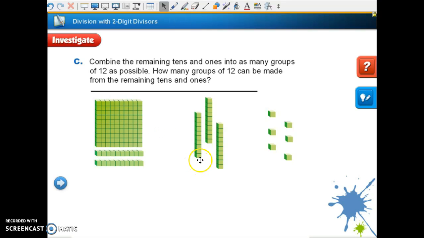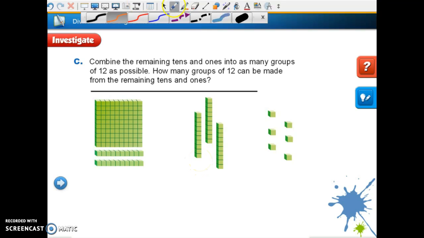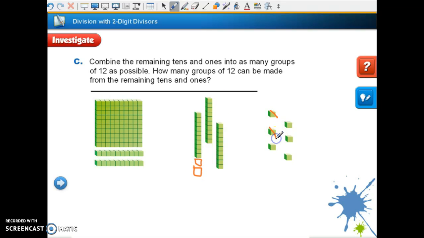So I'm just going to draw a little 1 right there. I'm going to cross it out over here. You can just move yours. So now do I have a group of 12 here? Yes. So I'm going to draw 2 more on this one, and that gives me another group of 12. And it leaves me 2 to put on the end of that.